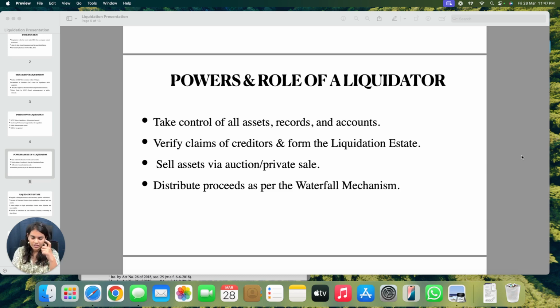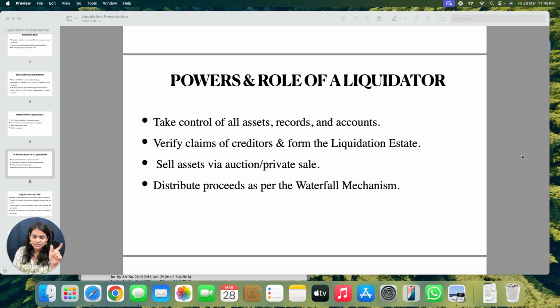So by passing the orders for liquidation, all of the employees also get terminated unless the liquidator either retains them for the continuation of the conclusion of the liquidation process, or the corporate debtor is being sold as a going concern.